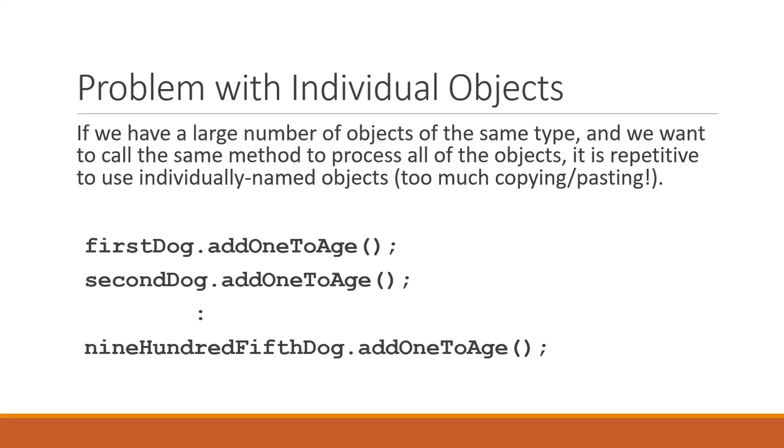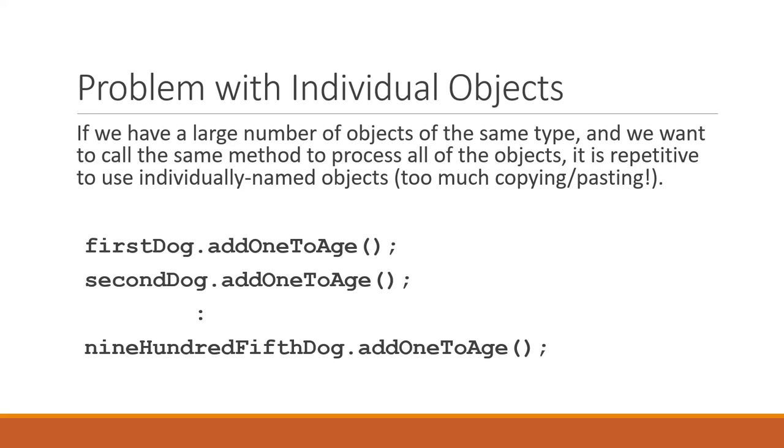So imagine that I had a kennel of 905 dogs, and they're each individually named: first dog, second dog, third dog, etc. If I wanted to call the add1toAge method for each of the dog objects, and there are 905 of them, I need 905 separate calls to the add1toAge method for each of the individually named objects. So it doesn't scale well as the size of the data increases.